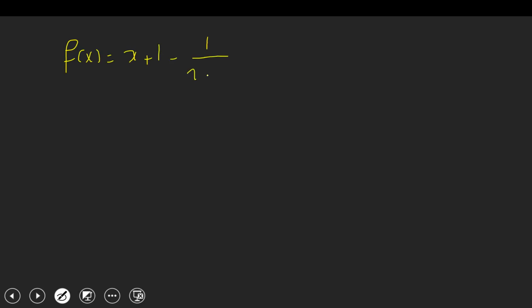This is f of x. So we have two methods to find the derivative here. Either leave it like this or take a common denominator. If you want to take a common denominator, the function becomes like this. We put this over 1, x plus 1 over 1, and then we multiply by the second denominator.